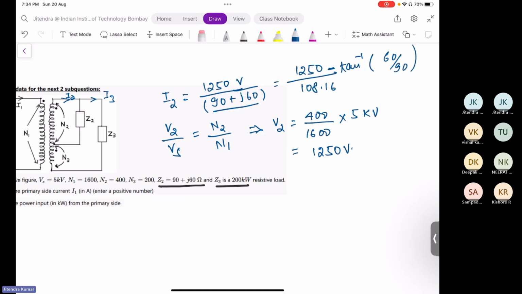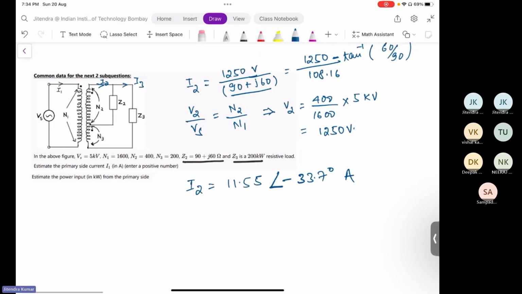So I2 will be equal to 1250 divided by 108.16, so it will be 11.55 amps, at an angle of tan inverse 6 by 9, so minus 33.7 degrees.